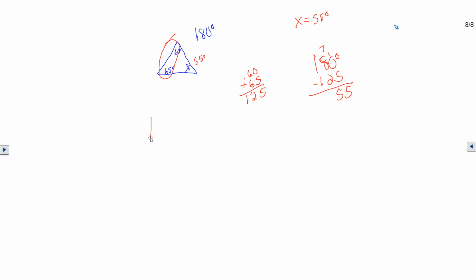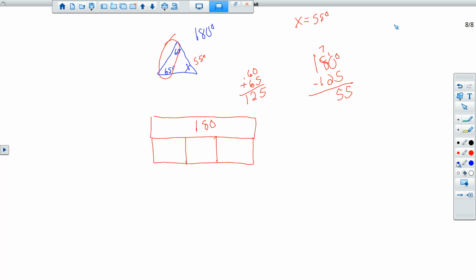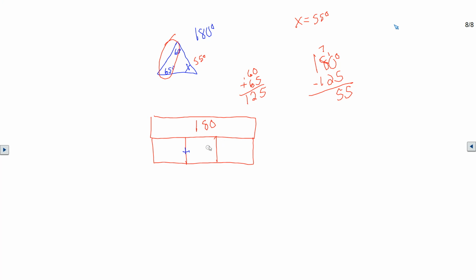Look at it as though it were a number strip where we have 180 and then we have some type of three quantities, okay? And if you remember right, let's change colors again. If you remember right, we know that if we go plus, we equal the total, right?